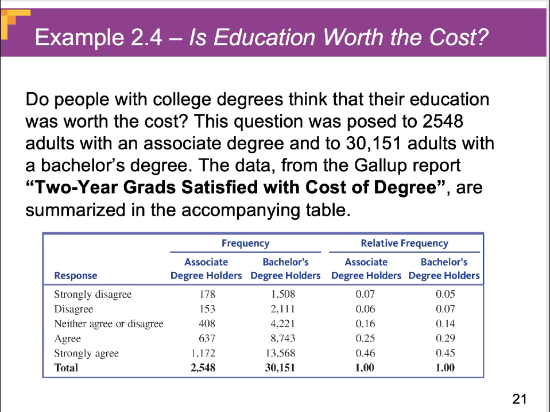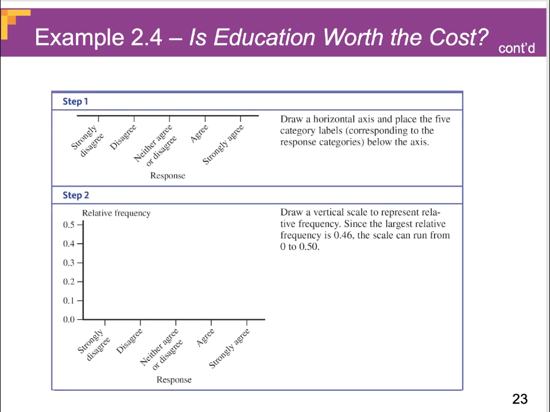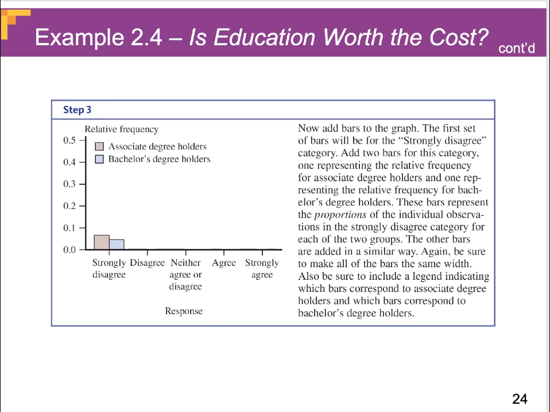So now we would combine and we would have our shared horizontal axis with the different responses and a shared vertical axis with the relative frequencies. But what you'll see here when we are actually drawing in the rectangles, is that we have a key so that we know which color corresponds to which type of degree.